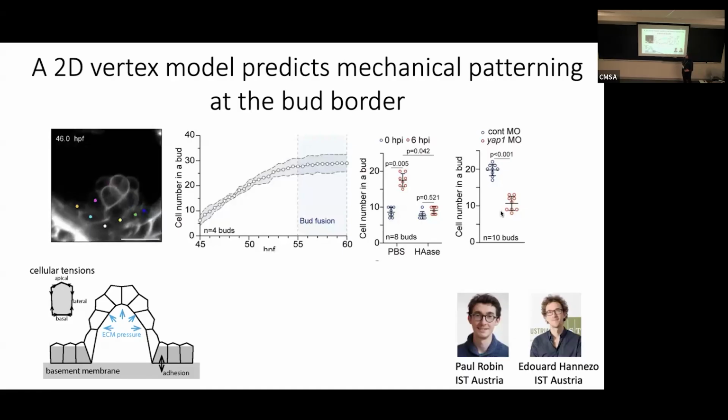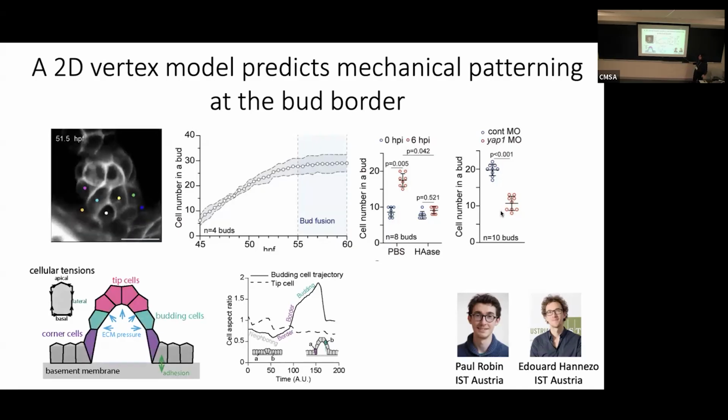And these cells are experiencing pressure, quote unquote, from the expanding ECM area that they're enclosing. And Paul regionalized this section where there are tip cells, budding cells, and these border cells that, as the ECM is expanding, are the ones that are getting recruited.